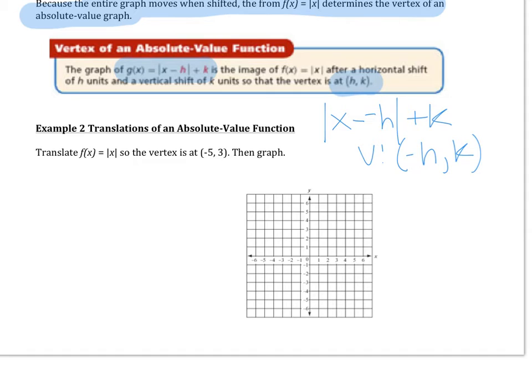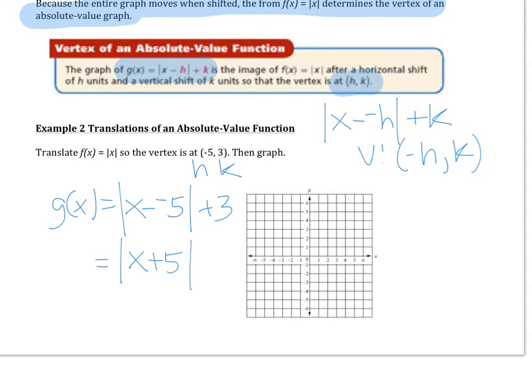So we're going to translate f of x equals absolute value of x so the vertex is at negative 5, 3. So here's my h, here's my k. What would the new function be? It would be the absolute value of x minus h, which is negative 5, plus k, and since k is positive, it's plus 3, which is the absolute value of x plus 5, plus 3.